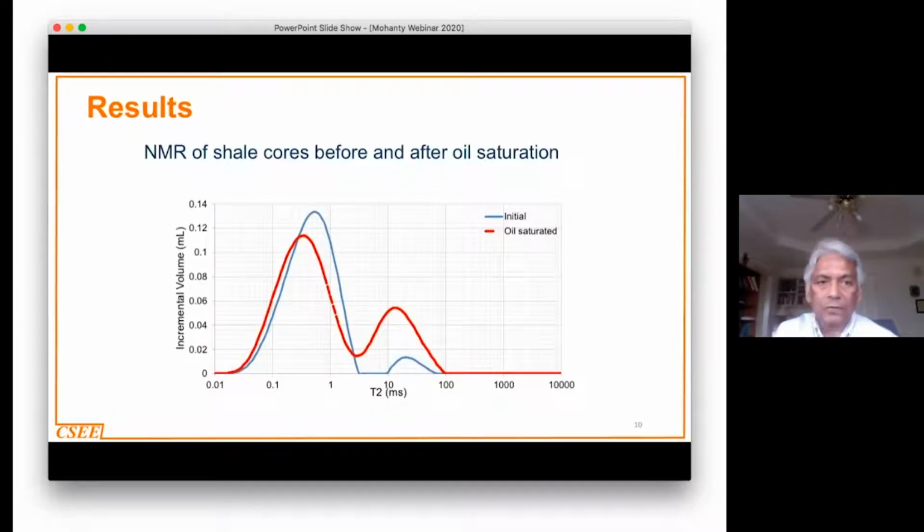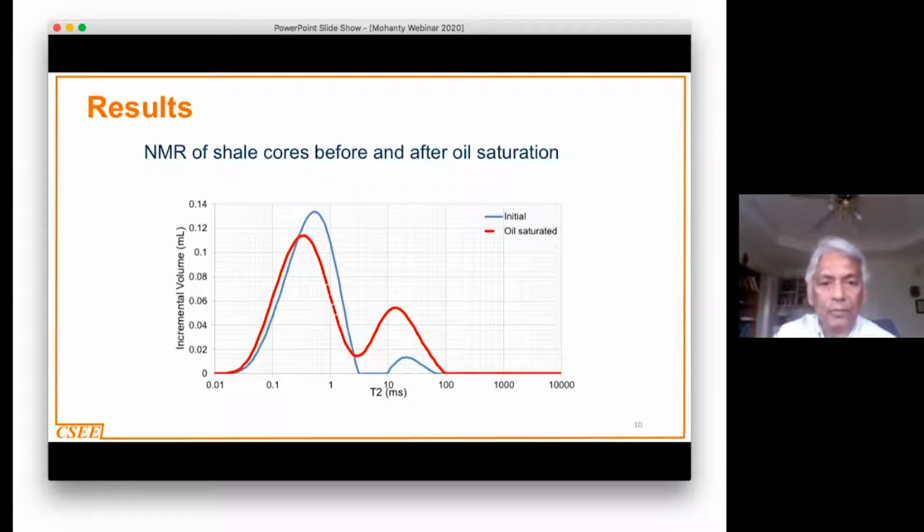All right, so this is the result I want to show, what we do in oil saturation. This is the NMR spectrograph showing the T2 distribution, and T2 is on the x-axis in milliseconds. The y-axis gives you the incremental volume. The blue line over here is what you get from the NMR of a core that hasn't been treated at all, at the initial state.